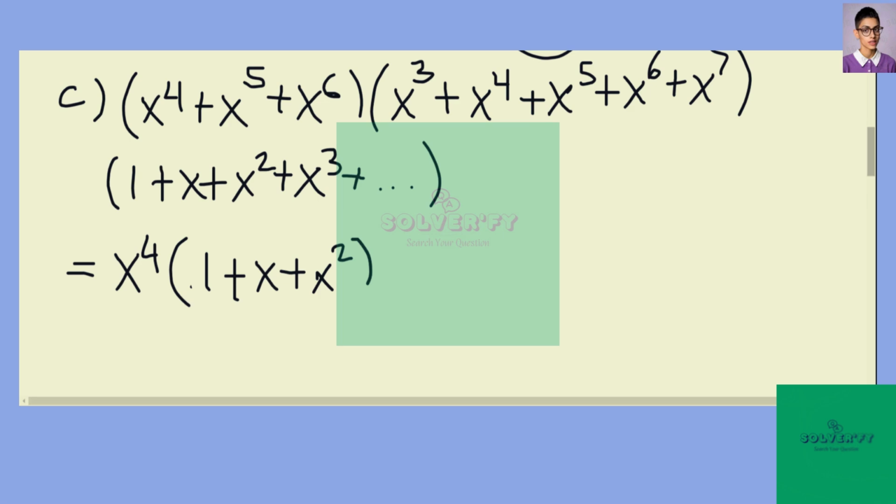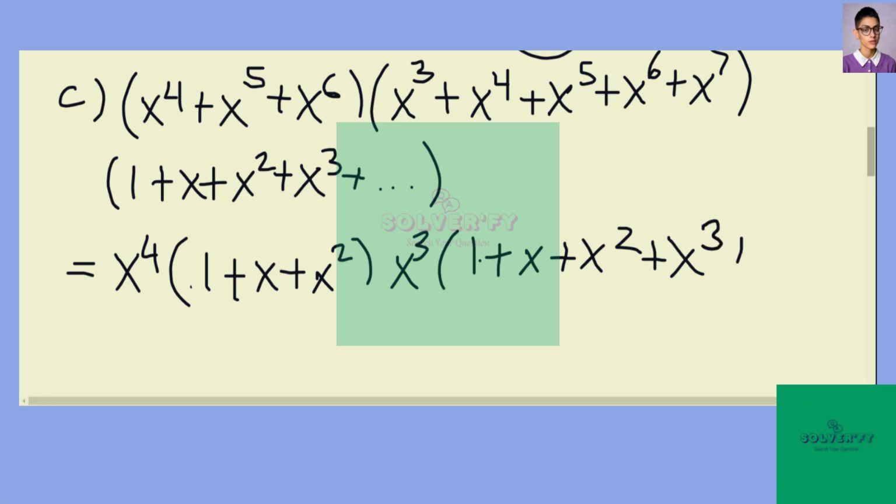And then we can also factor out an x cubed here, times 1 plus x squared plus x cubed plus x to the 4th. And then by a theorem, we have that this is equal to 1 over 1 minus x.